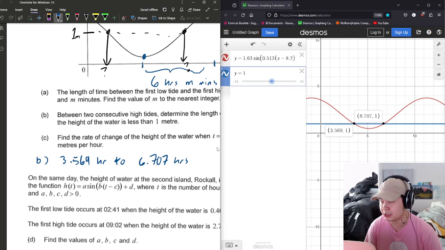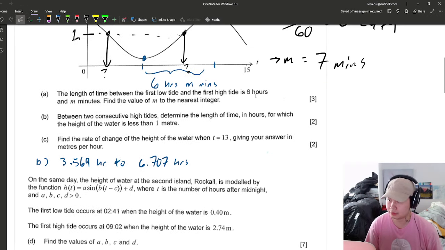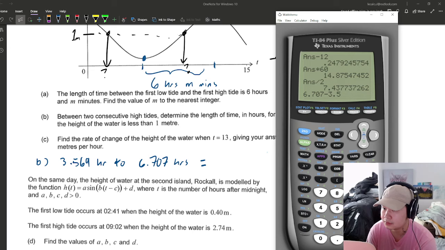This is when it's below 1 meter. So in other words, we're going to subtract, and then you get 3.14.